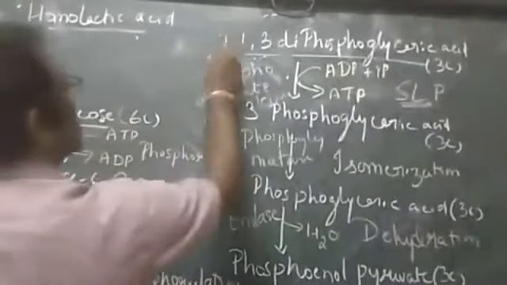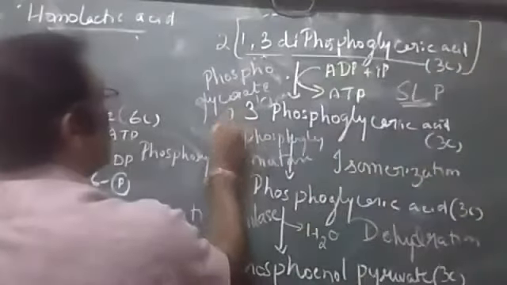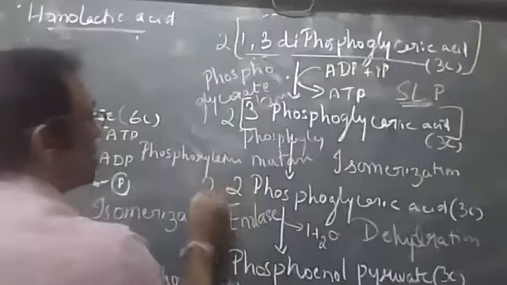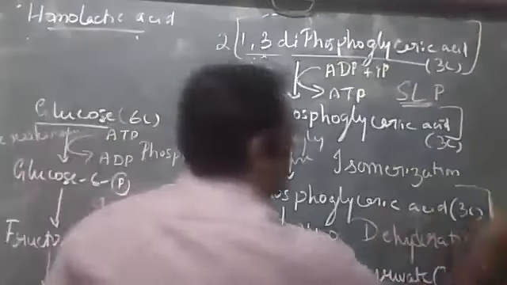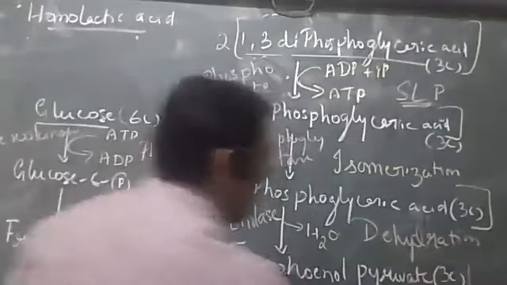What you should write? 2 molecules of 1,3-diphosphoglyceric acid. 2 molecules of 3-phosphoglyceric acid. 2 molecules of 2-phosphoglyceric acid. 2 molecules of phosphoenol pyruvate.